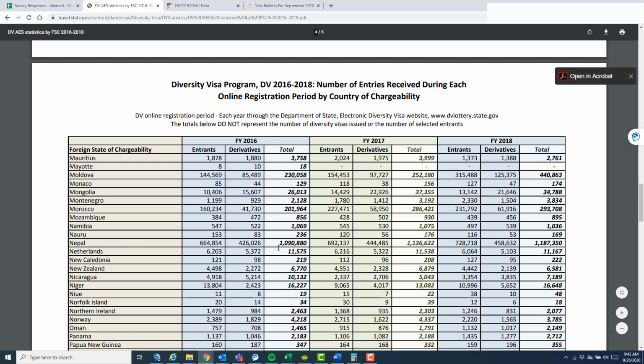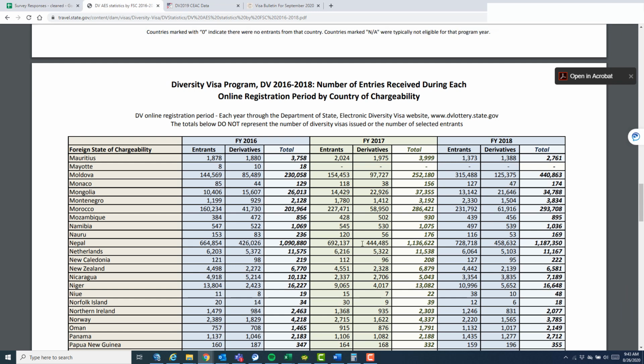So, for example, Nepal in 2016 had 664,000 entries, with 426,000 derivatives on those entries, meaning a total number of people of just nearly 1.1 million people. That's who entered the lottery, right? And we can see 2016, 2017, and 2018 data. That comes out at about 1.6 derivative rate across those 3 years.